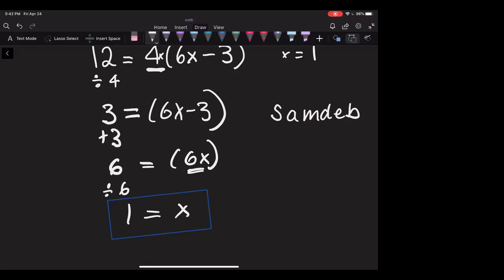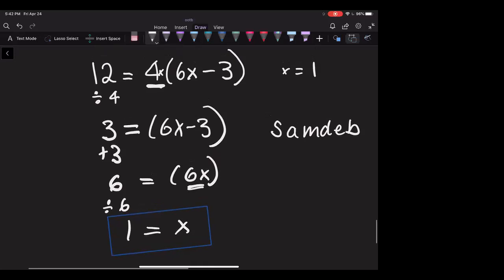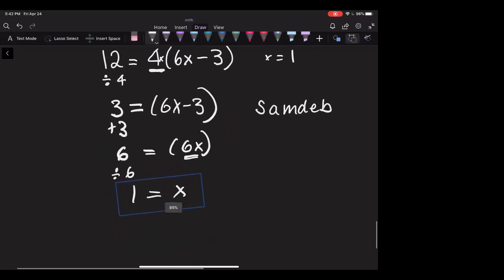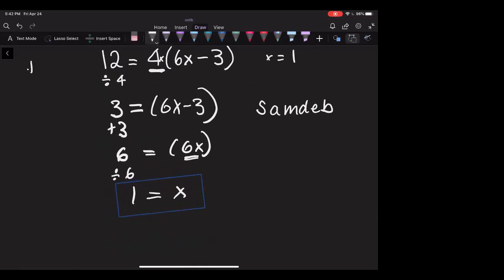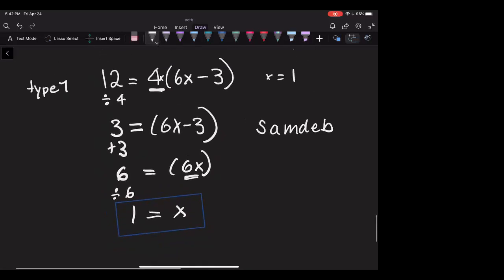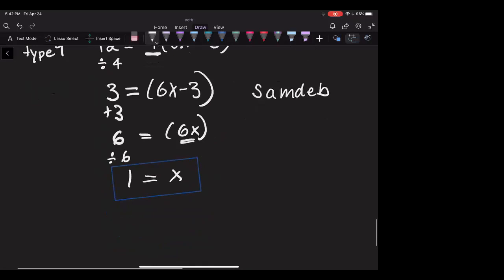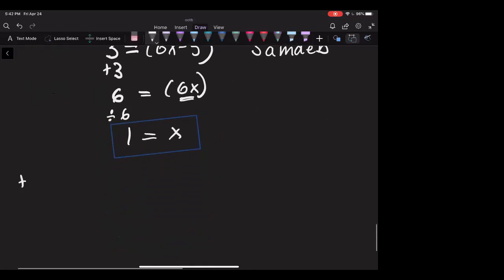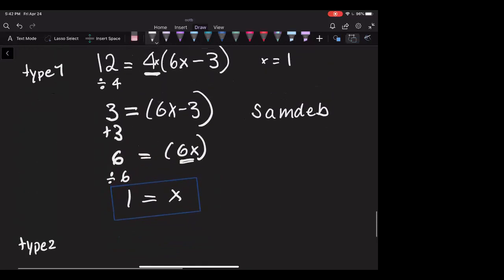So that's how you would do it. Did that make sense, Azaria? Yeah. Okay. So this is one type of multi-step question. This is type 1, the one that we just solved. There's a type 2, which is a little bit more complicated. Type 1 is like the questions we have been doing, just adding another number into the process.